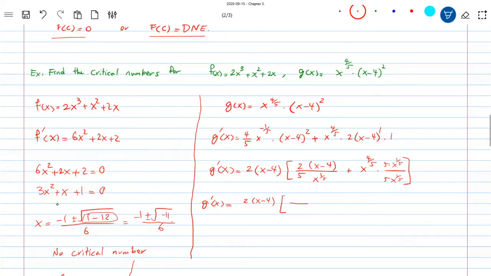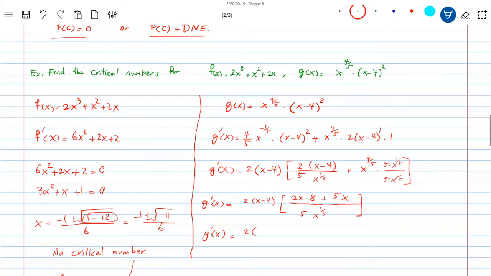2x minus 8, that's the 2x minus 4 distributed, plus x to the 4/5 times 5x to the power 1/5. You add the exponents, 4/5 plus 1/5 becomes x to the power 5/5, which is 1. So you will have 5x, and the denominator is simply 5 times x to the power 1/5. Okay, finally we're there. G prime x, the simplified version. The numerator is 2x plus 5x, so 7x minus 8.